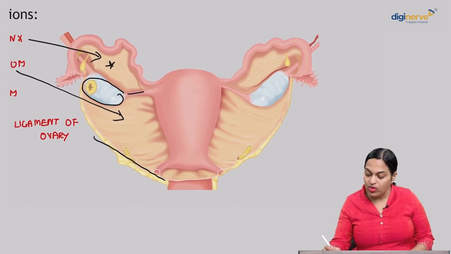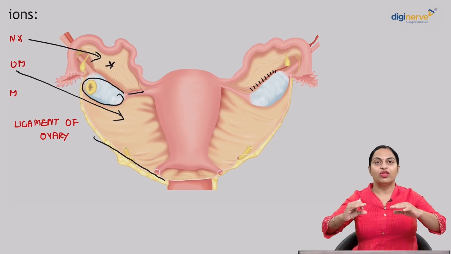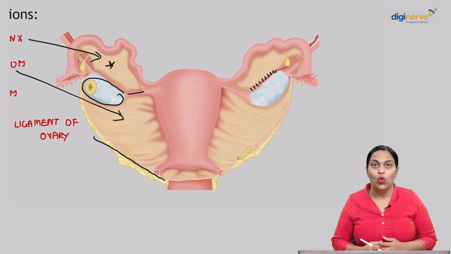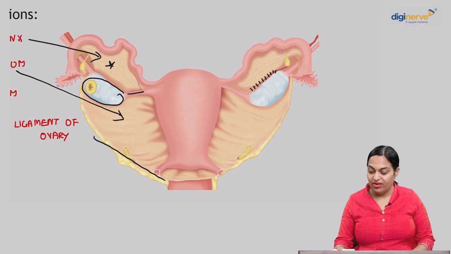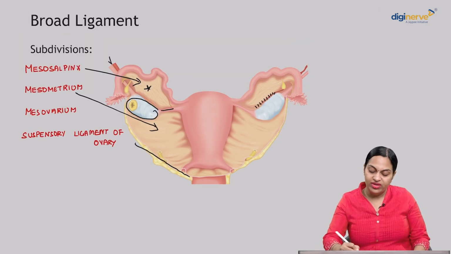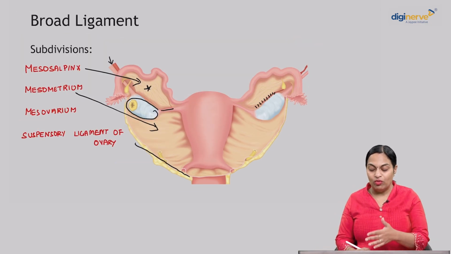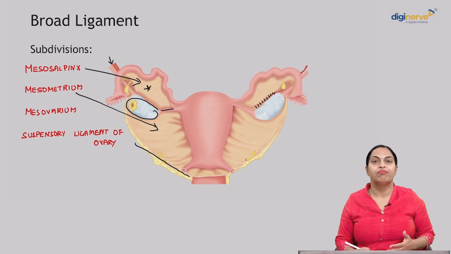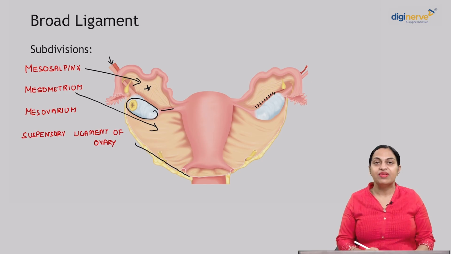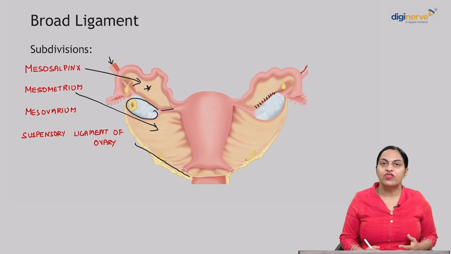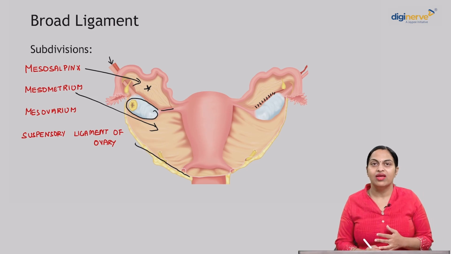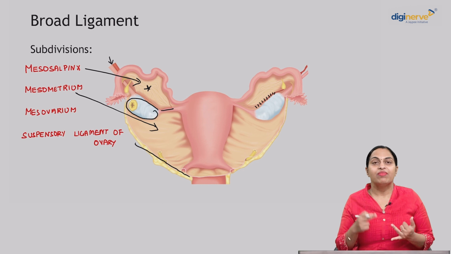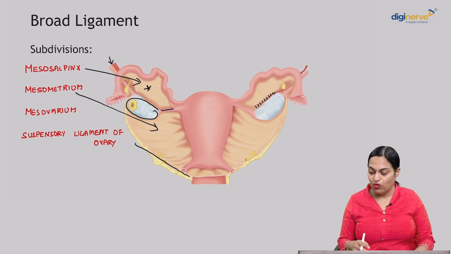And over here, the postero-superior surface extension of the broad ligament to give attachment to the ovary is called Mesoovarium. And this part over here, connecting the uterine tube and the ovary to the pelvic brim, this is the suspensory ligament of ovary. So, what are the four subdivisions of this broad ligament? Mesosalpinx, Mesometrium, Mesovarium, and the suspensory ligament of ovary.